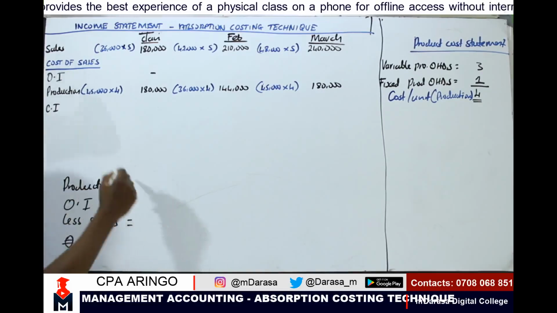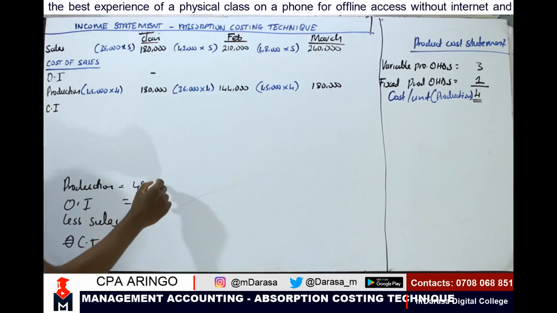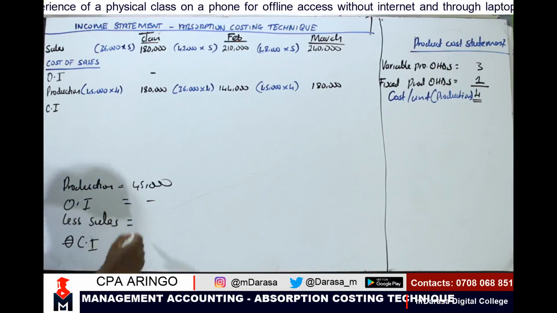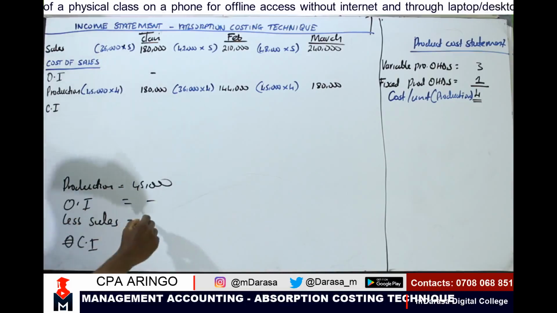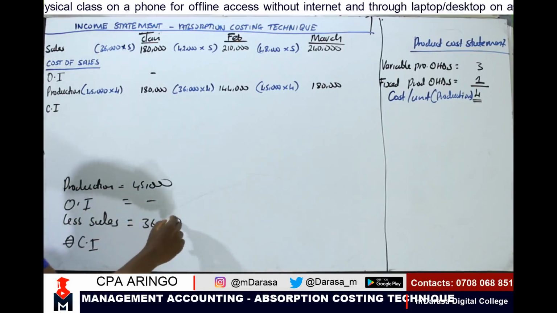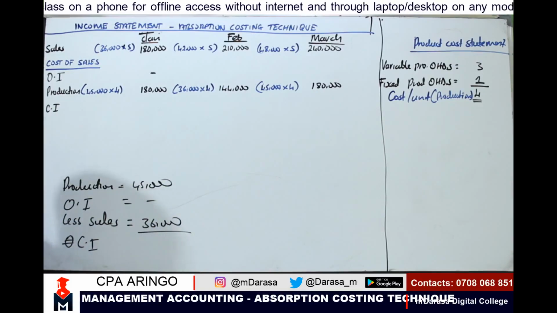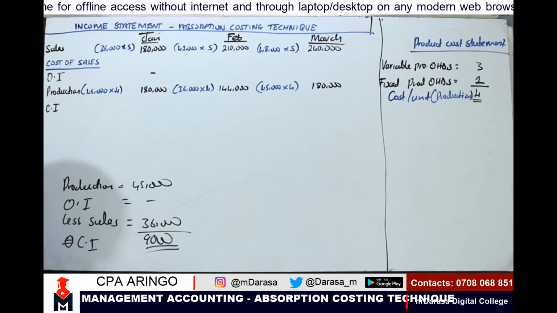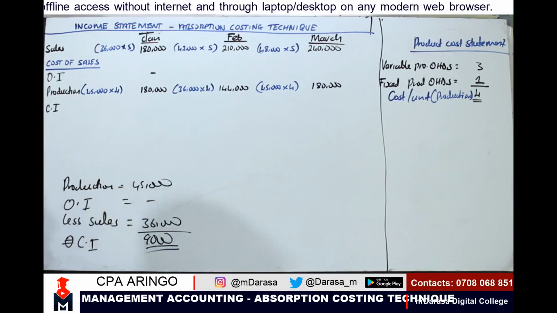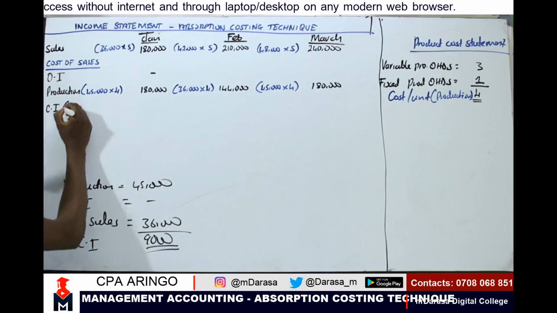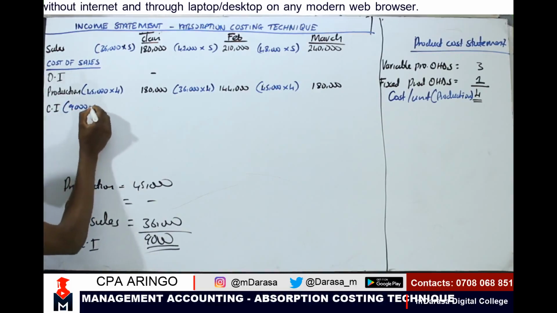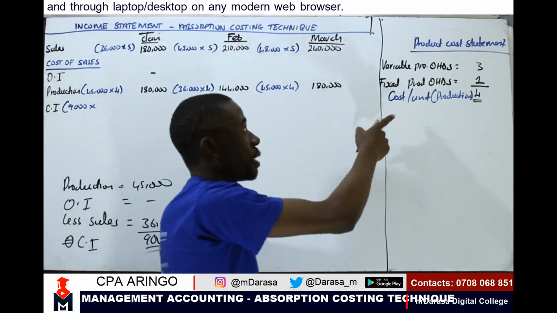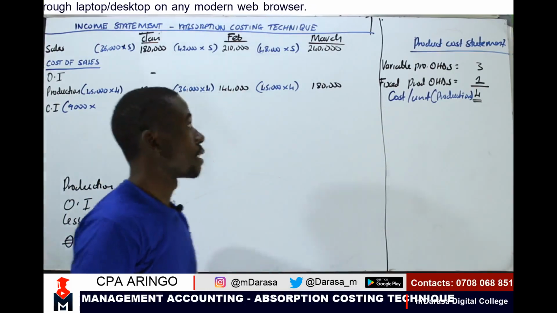Like our production in this case, we had 45,000. We didn't have any opening inventory, but we had sales of 36,000. So in such a case, you notice that in regard to the number of units, we should be having how much? 9,000 units. So therefore, to determine our closing inventory, I should be talking of the 9,000 by production cost per unit, the one that we had prepared under the production cost statement.